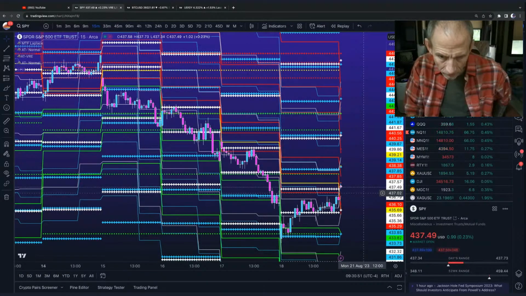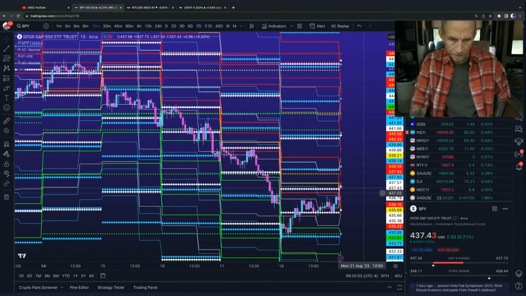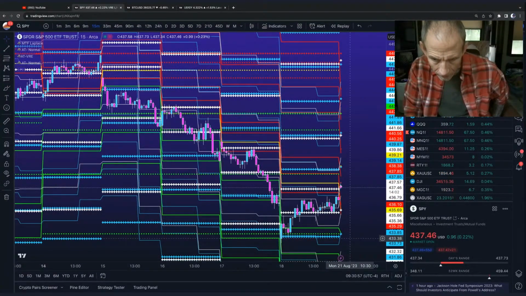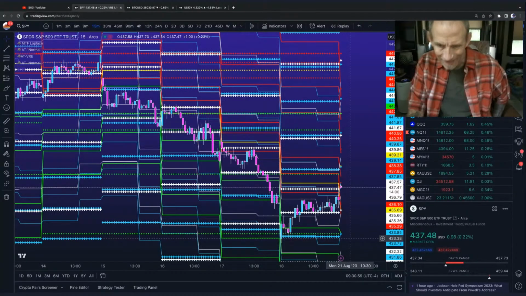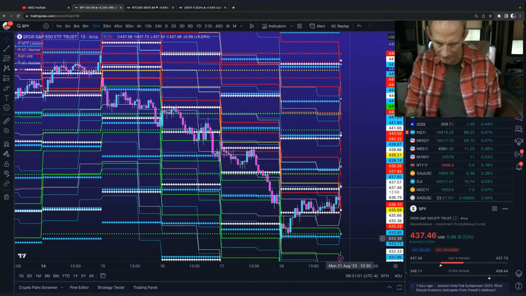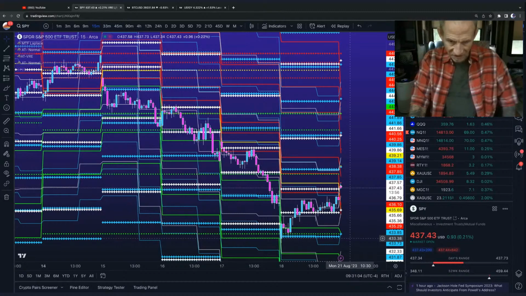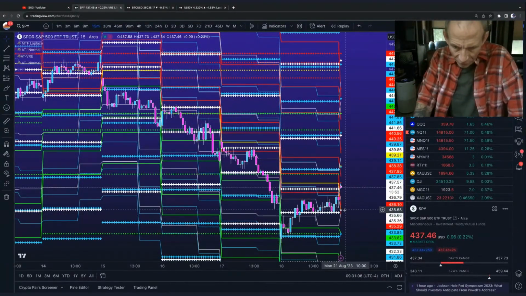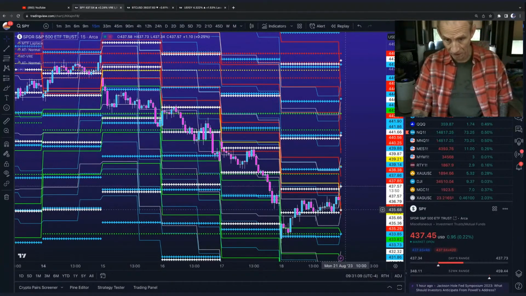So the new daily is fairly tight. Not as tight as it has been, about 80 cents though. And literally, center of the daily range is right at the bottom of the 68.3 Laplace.